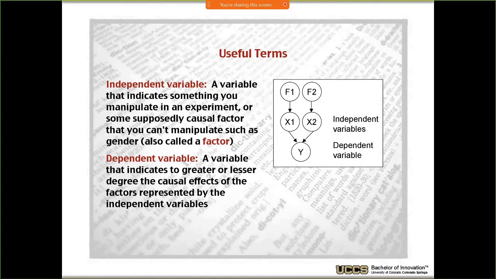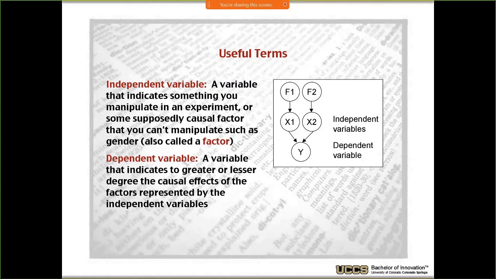I actually find it good to separate this idea of independent variables and factors. When people talk about factor analysis, they mean all of the independent variables. But I like to think of independent variables as ones I choose, and factors as things that exist that I try and deal with, but I really don't get to choose them. Right? If no women show up in my computer science class, I can't assign somebody and say, well, you're the woman today. No, that just doesn't work, right?